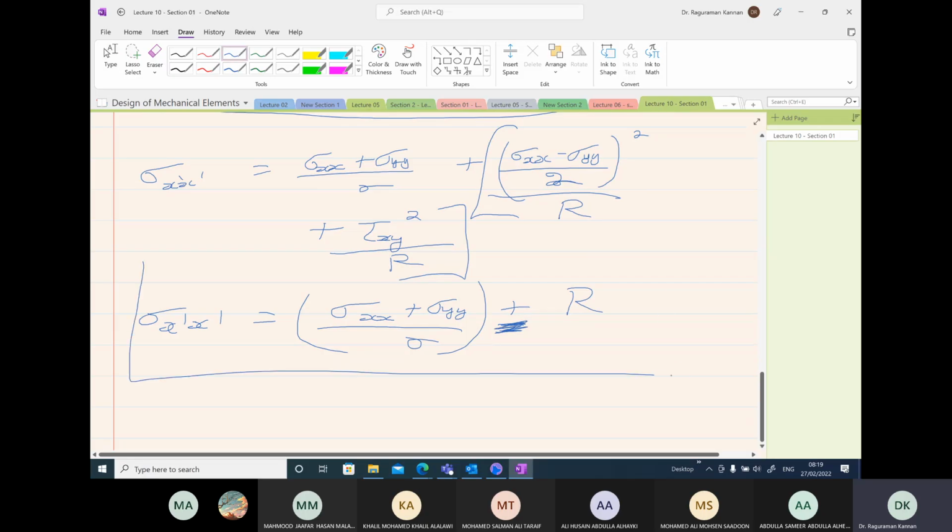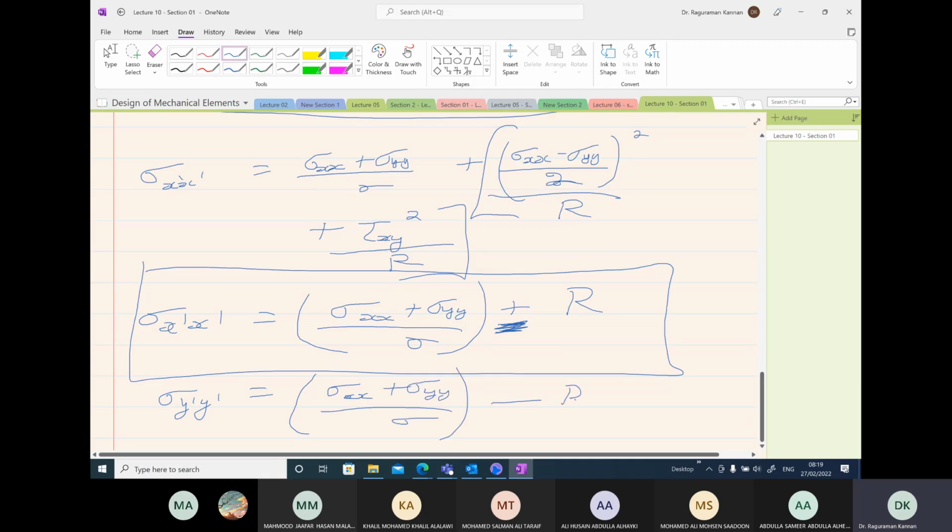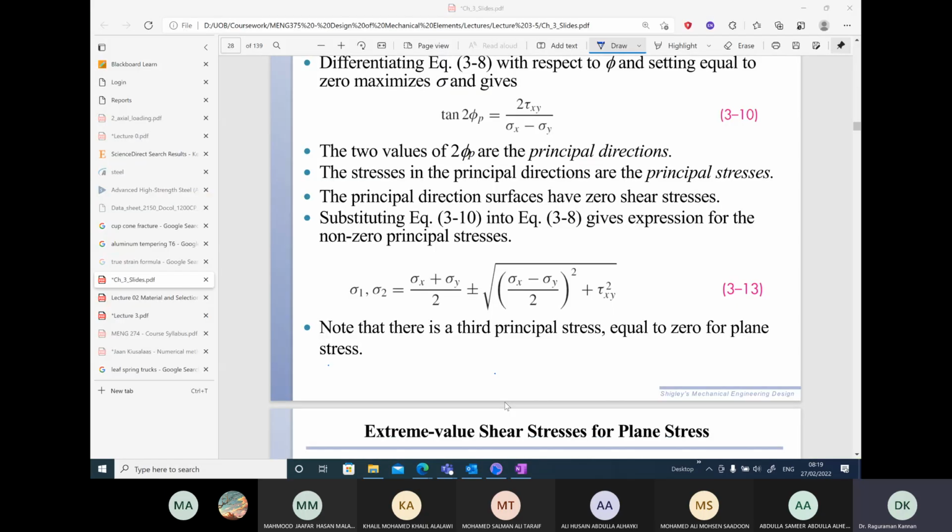So this is along the x direction. What is it along the y direction? It should be obviously the term with a negative sign. Minus r. You can check this very easily.